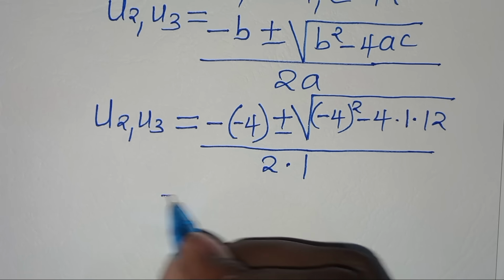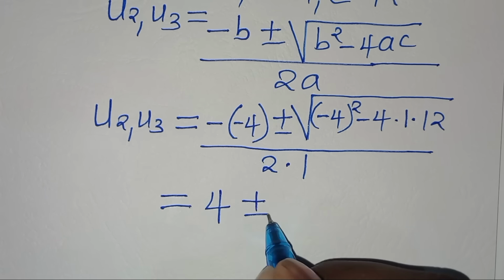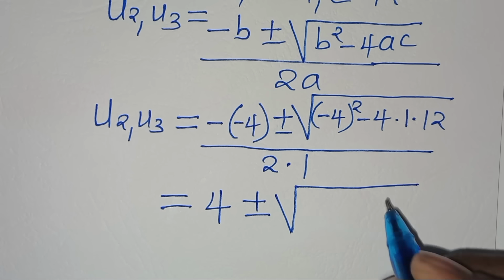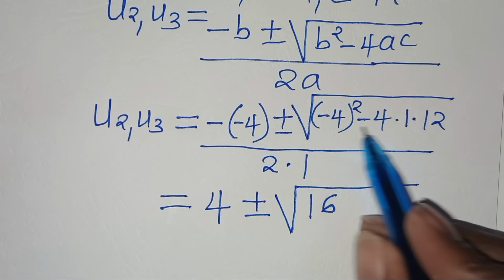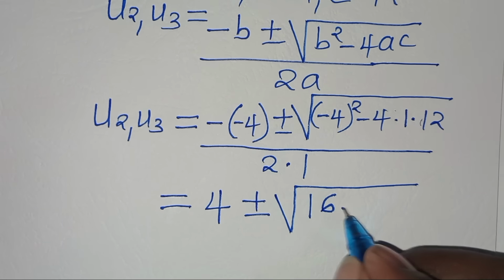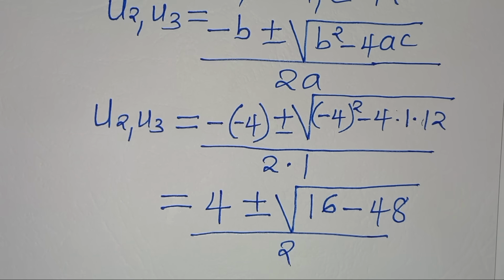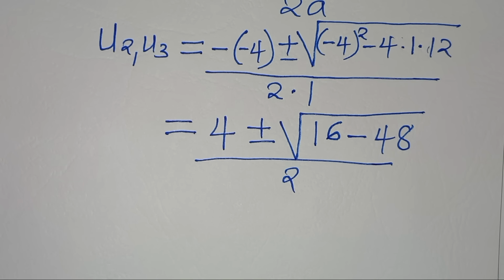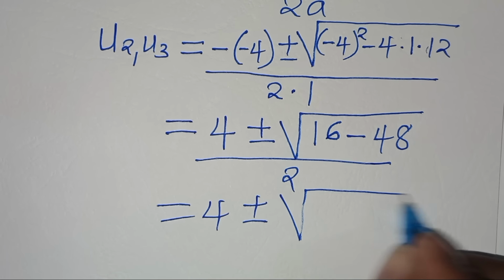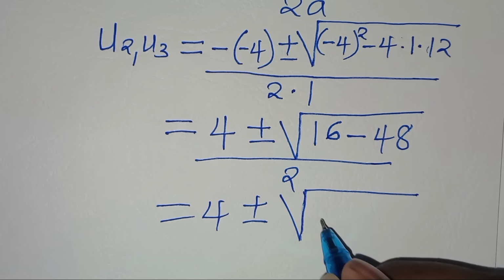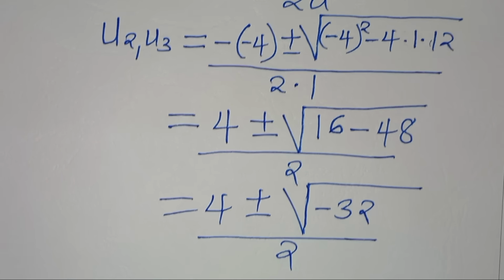So this means that here we have negative times negative 4, this is 4, plus or minus the square root of negative 4 squared, this is 16, then negative 4 times 12, this is minus 48, everything here divided by 2. So this means we have 4 plus or minus the square root of 16 minus 48. This is negative 32, divided by 2.